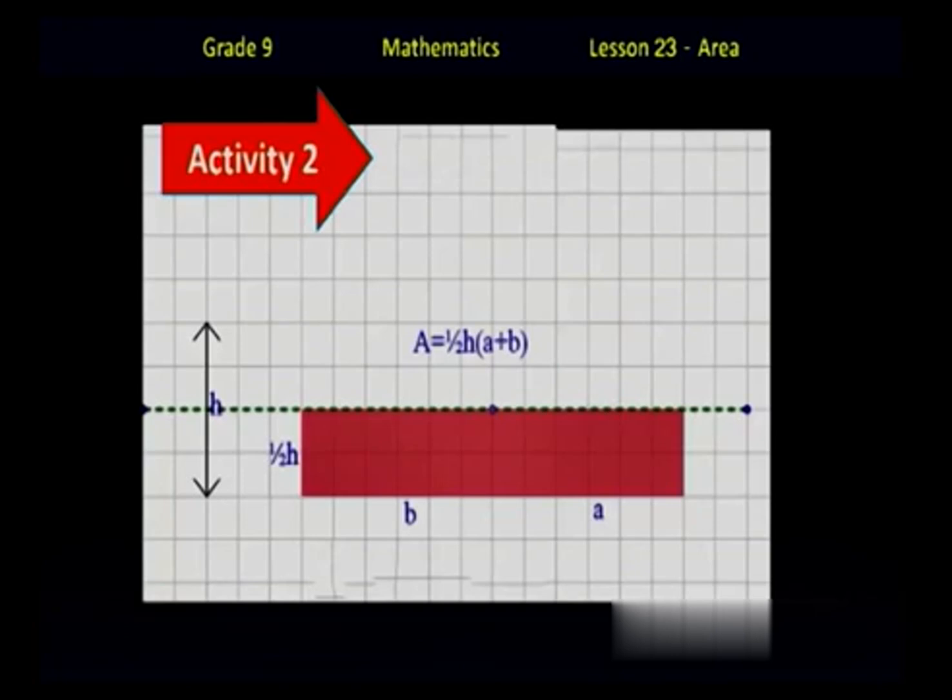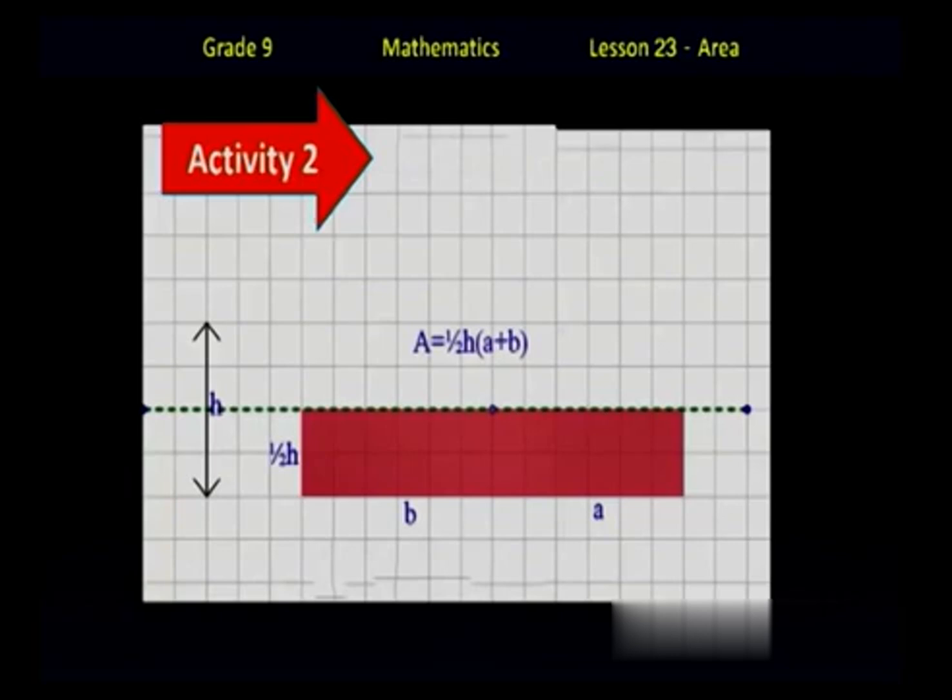And what is the length of the rectangle? A plus b. Then we know how to find out the area of a rectangle. It is length into breadth. Now you have length is a plus b and breadth is half of h.